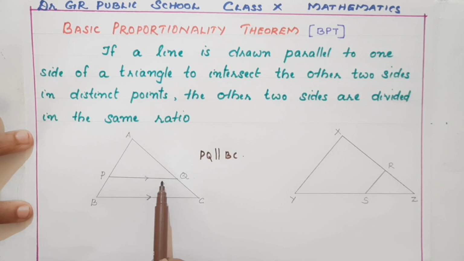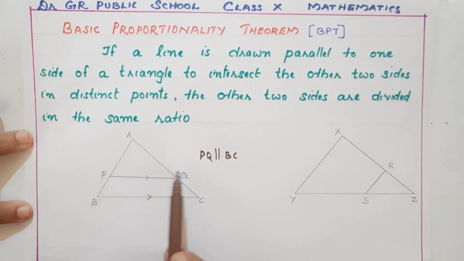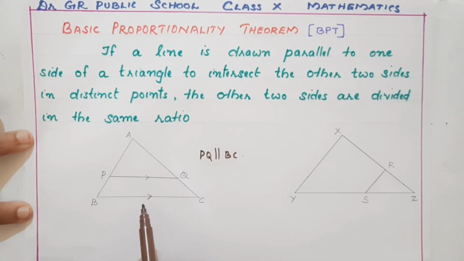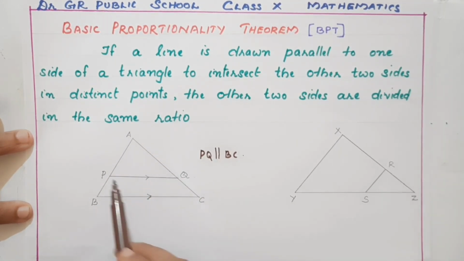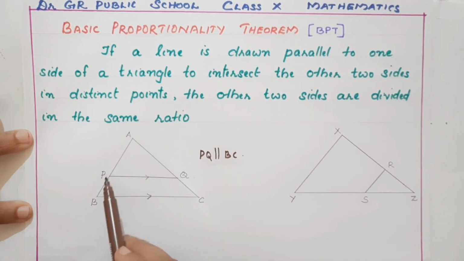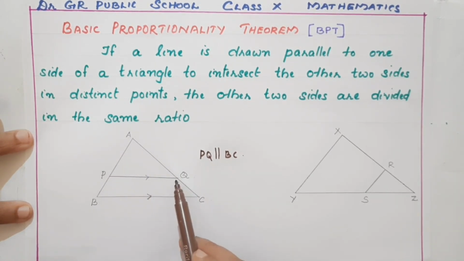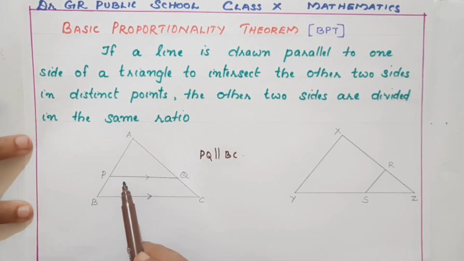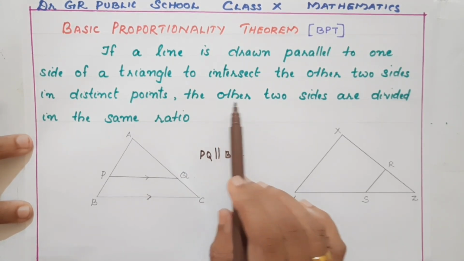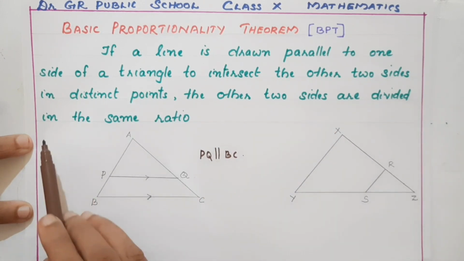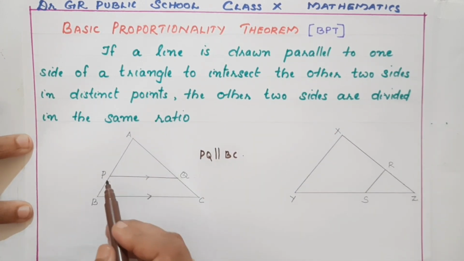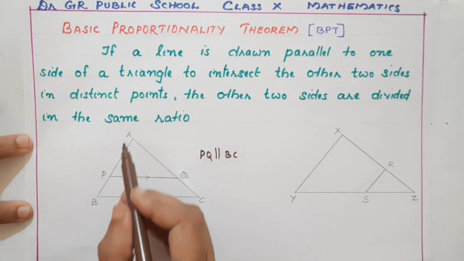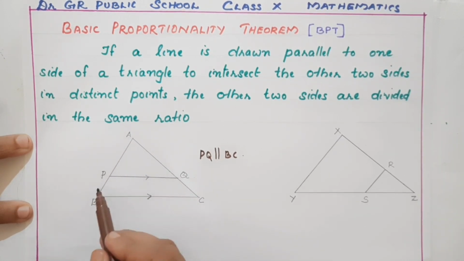Here this parallel line is intersecting the other two sides. Since it is parallel to BC, the other two sides are AB and AC. PQ is intersecting AB at P and AC at Q. Then the theorem says the two sides are divided in the same ratio. At point P, AB is divided into two parts.